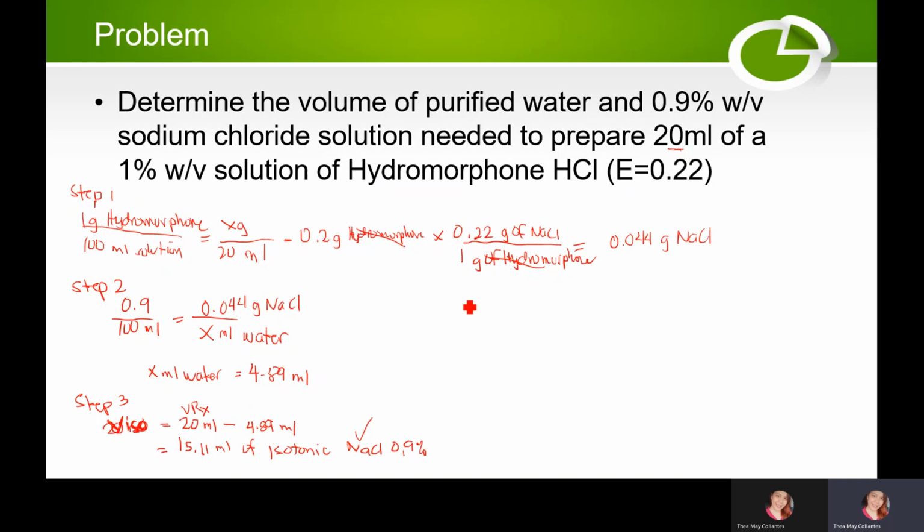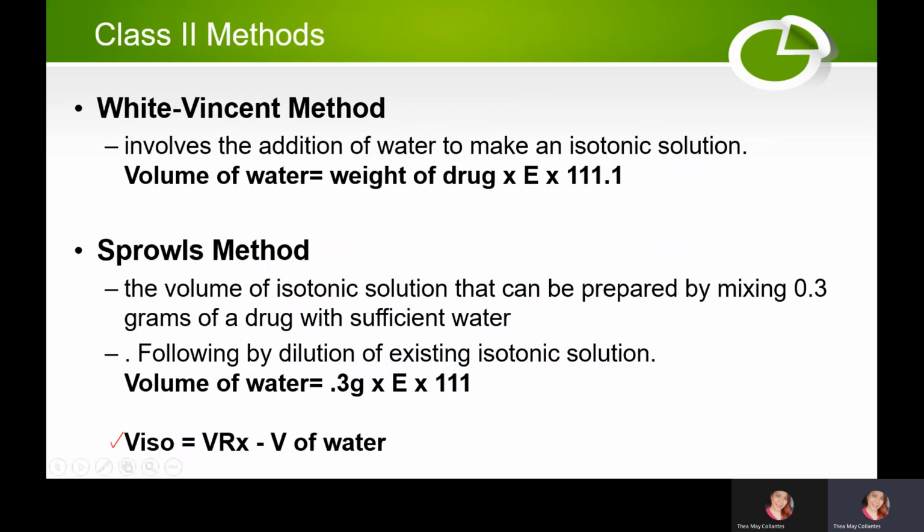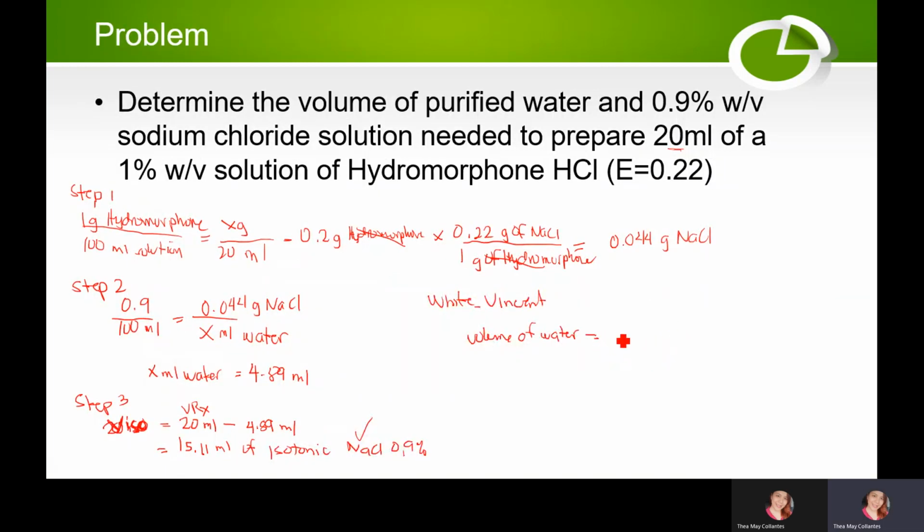But if we use the White-Vincent formula, life is easier. The volume of water is equal to W times E times 111. Guys, where do you think we got the 111? Your 111 is derived from 100 ml divided by 0.9.